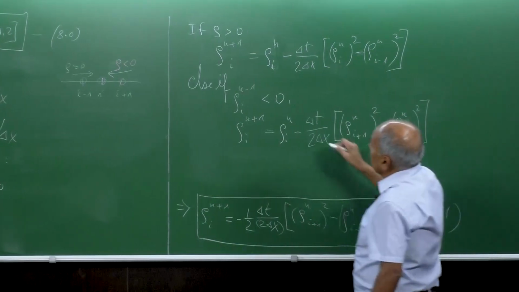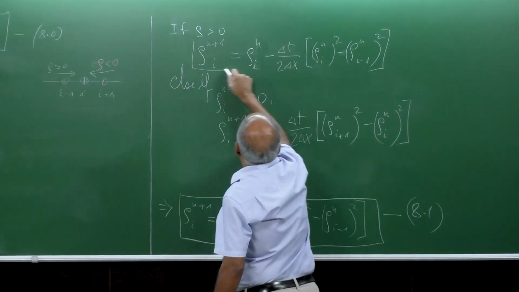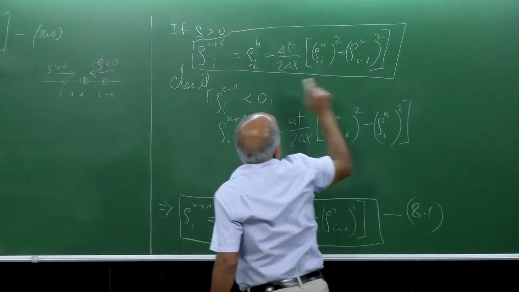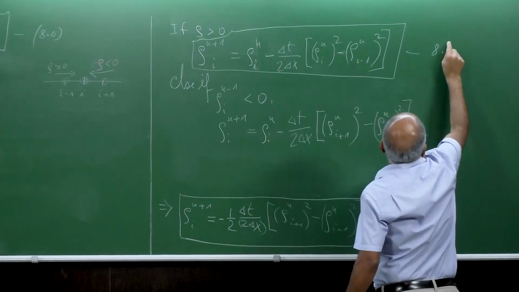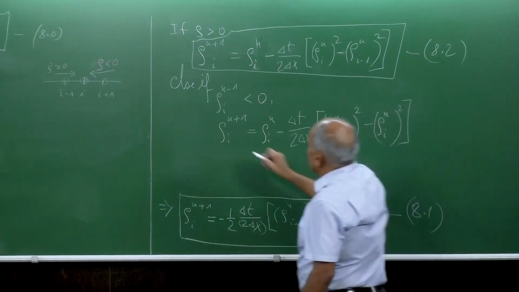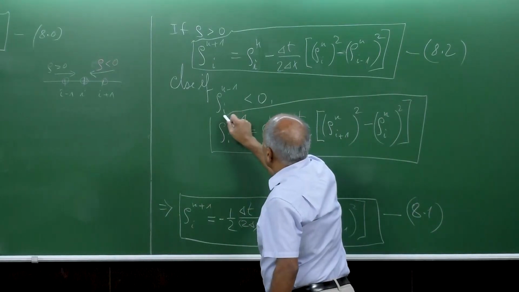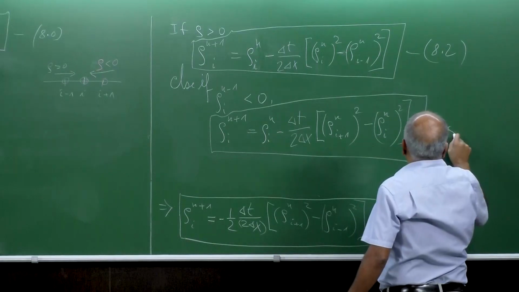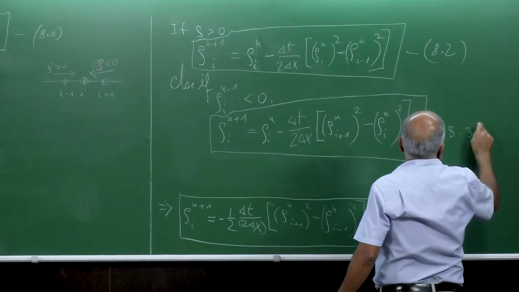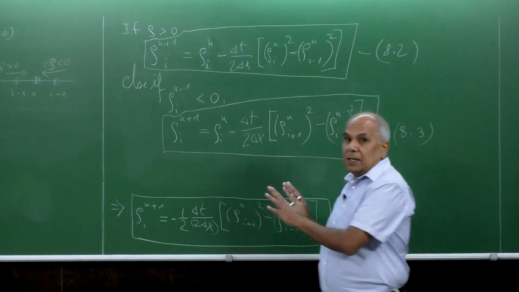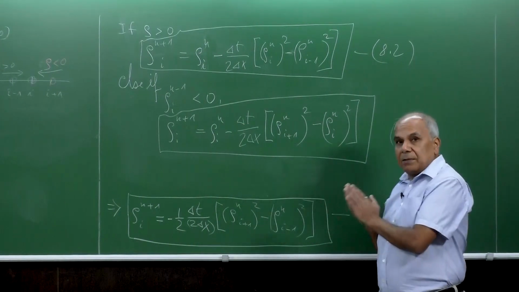So this is 8.2 for the positive rho, and this is 8.3 for the negative rho. This is the conservative form of the original Burgers equation.